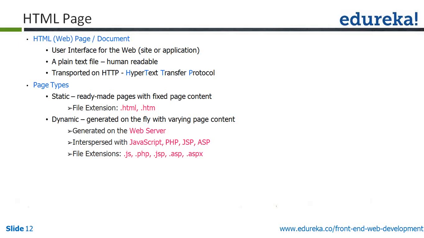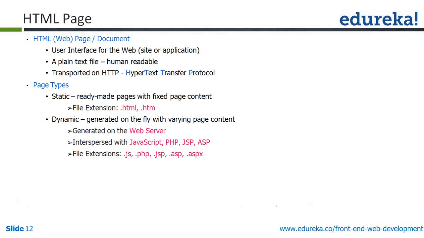Note that an HTML page is plain text and human readable, and this HTML document is transmitted on top of the HTTP protocol. So note that the whole HTML page goes as the message body of this HTTP message.